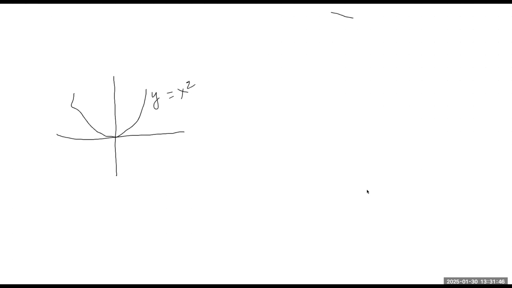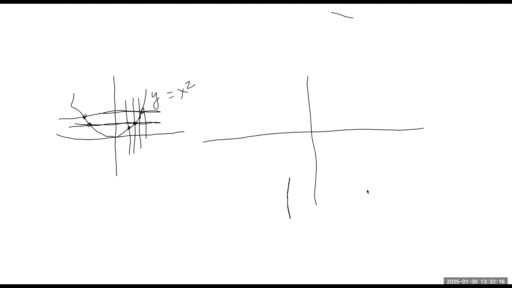Remember the graph of x squared, you were a function because you could draw vertical lines and you only hit the graph of the curve one time. But if I draw horizontal lines, I would hit the graph more than once. So if I look at a graph of x cubed, it looks something like this.